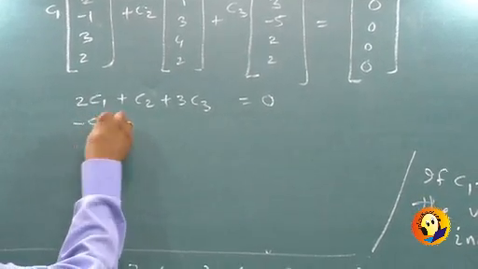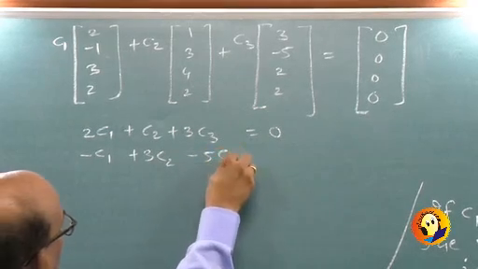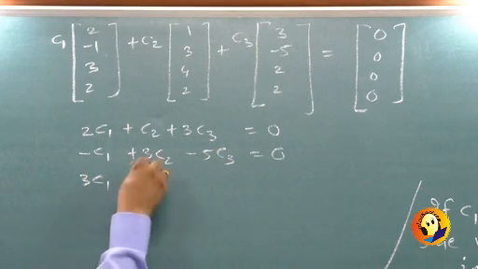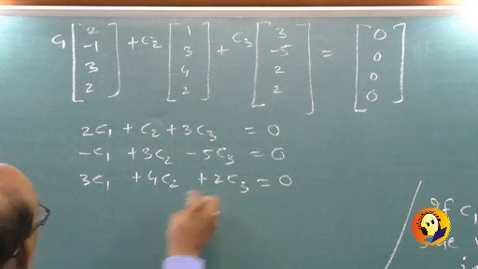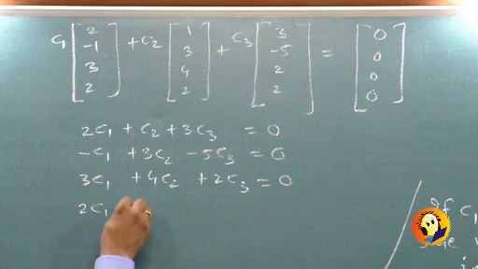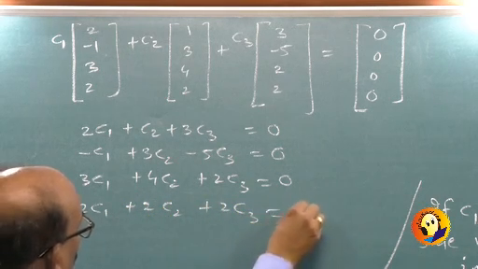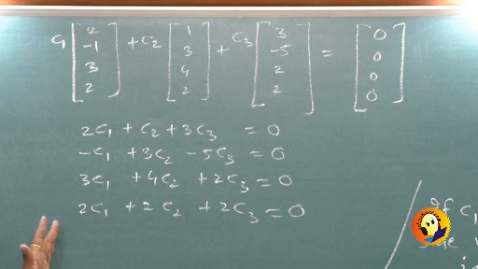Then minus C1 plus 3C2 minus 5C3 equal to 0, 3C1 plus 4C2 plus 2C3 equal to 0, and 2C1 plus 2C2 plus 2C3 equal to 0, and there we are. Now we again get the set of simultaneous equations.